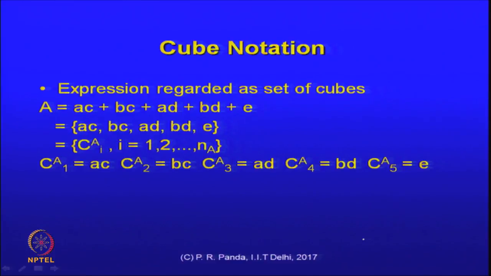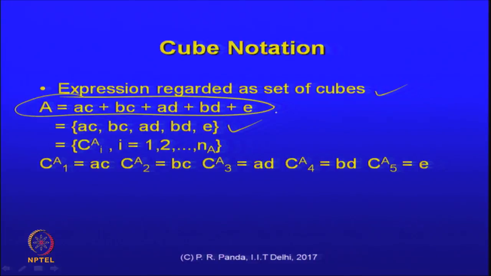Two expressions are there and you are trying to divide one expression by the other expression. You can regard an expression as just a set of cubes. This is a two-level logic we are talking about. Each of the individual nodes has essentially a two-level logic function. So, let us say I have an expression like this, it consists of that set of cubes.